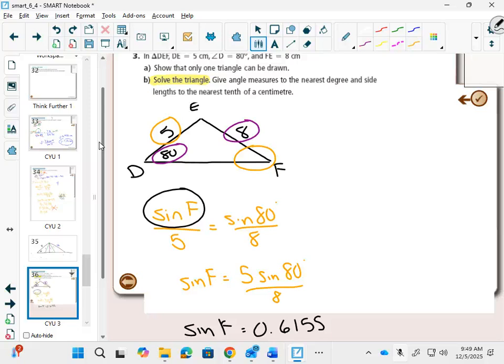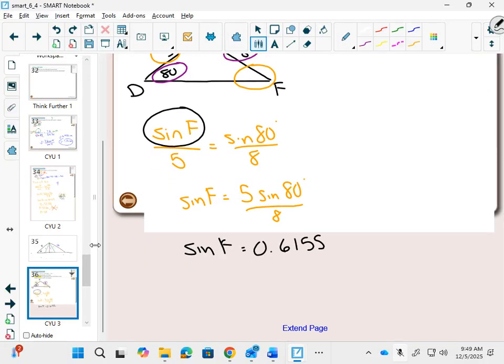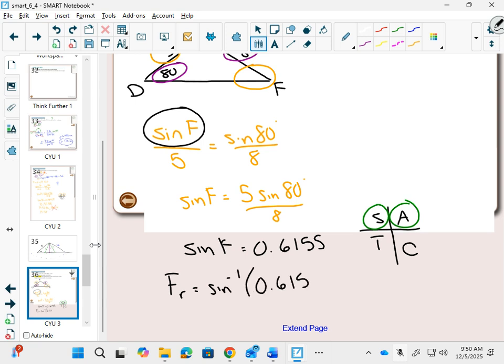Okay, so now, according to your CAST rule, sine is positive. It could be in quadrant 1 or quadrant 2. My reference angle is going to be sine inverse of this positive value. My reference angle for F, I'll go to my calculator.